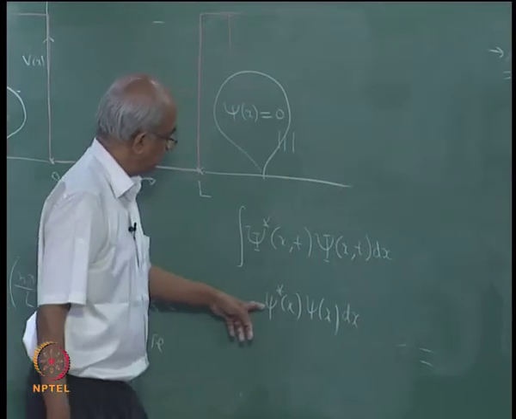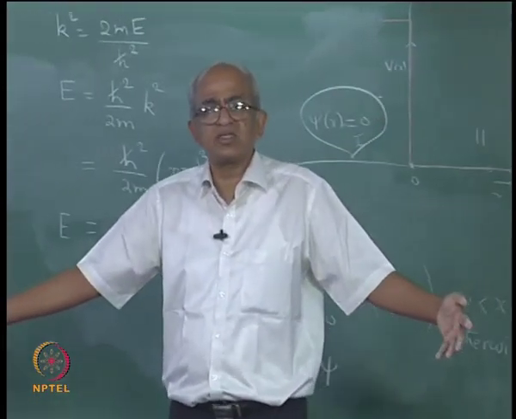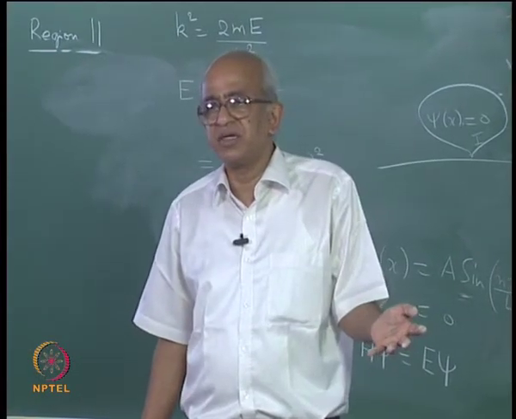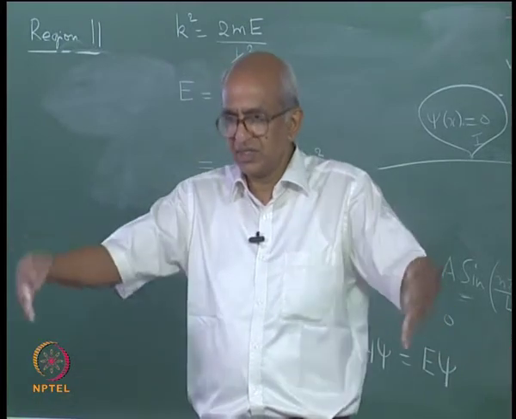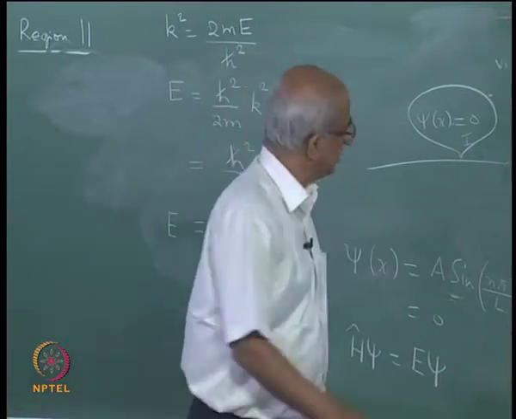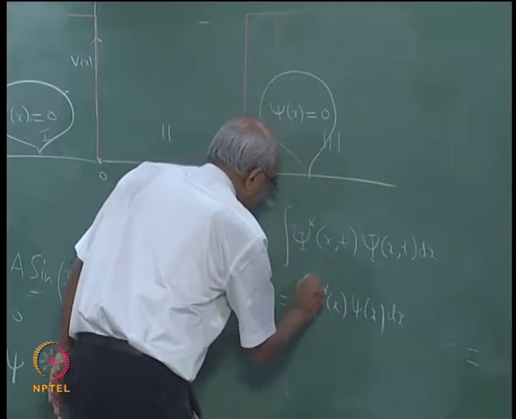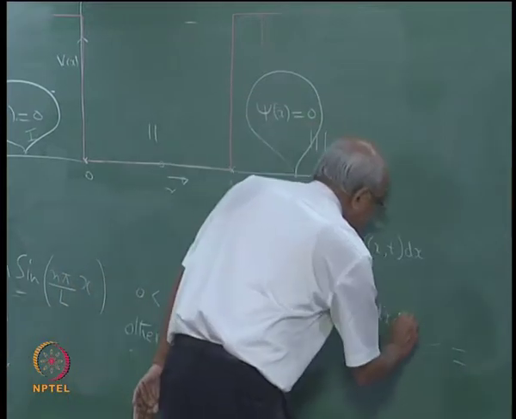And further these psi's, they are 0 outside the box. So, it is not necessary for me to integrate from minus infinity to plus infinity, but it is sufficient if I integrate from 0 to L, which is the region of the box. So, this is equal to integral 0 to L psi star psi dx, and this must be equal to 1.